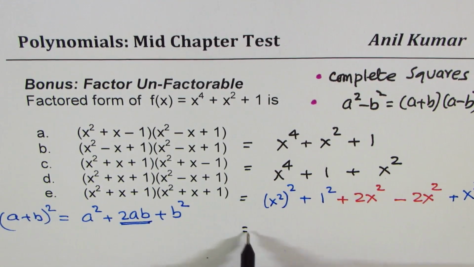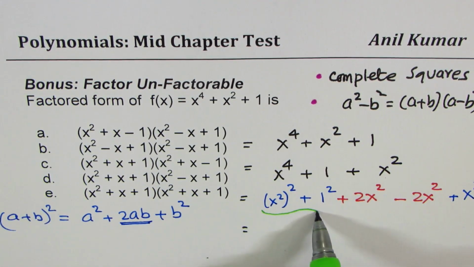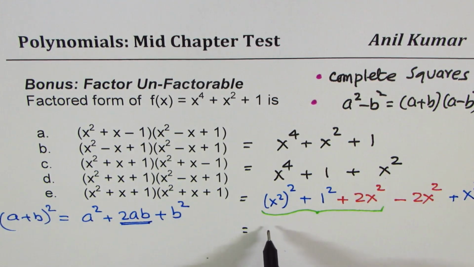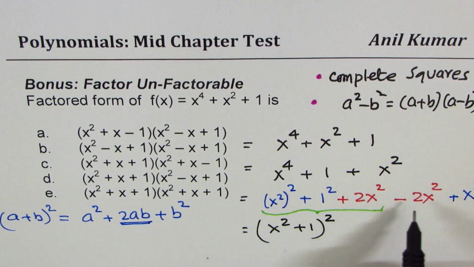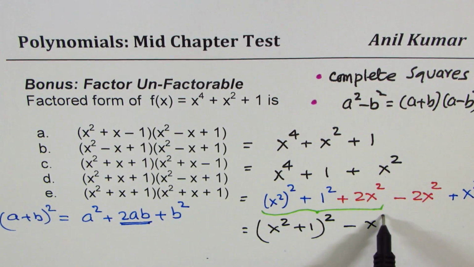Now it is simple. These three terms form a perfect square, and you could write them as x squared plus 1 whole square. And here minus x squared is the result.